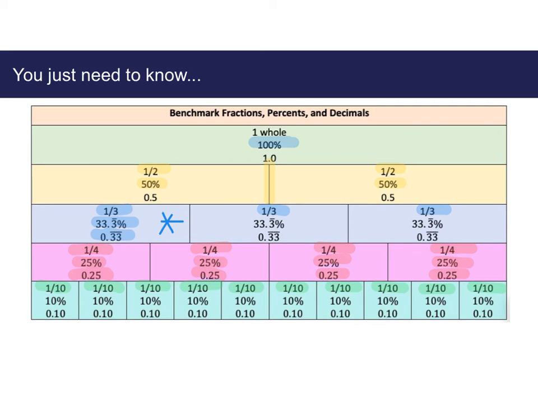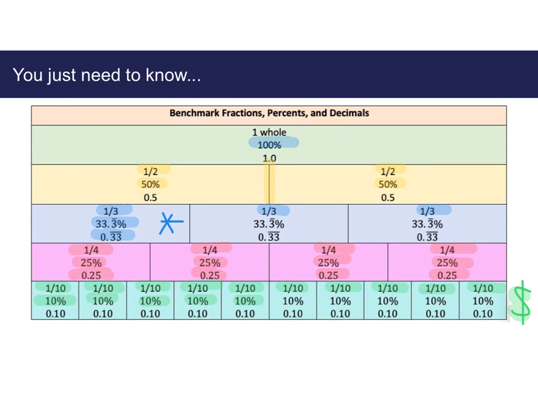So when you split a whole into 10 parts, each part is worth 10%. And the decimal form of that is 0.10. So again, this one's really similar to money, right? If I have a dollar and I split it up into 10 parts, that means you're splitting it into dimes. So 0.10 or 10 cents.